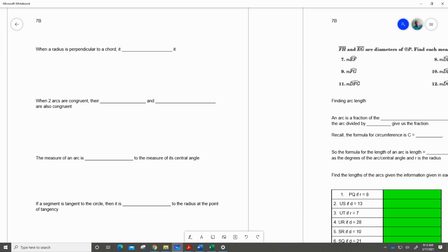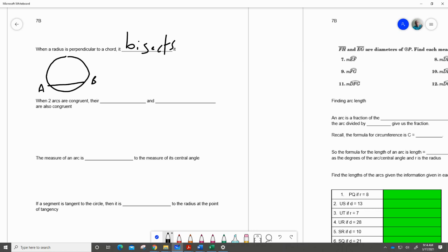So, first rule is if a radius is perpendicular to a chord, it bisects it. So if a radius is perpendicular to a chord, the radius will bisect the chord, all right? If we were to look at a circle right here, let's say we have this chord AB.